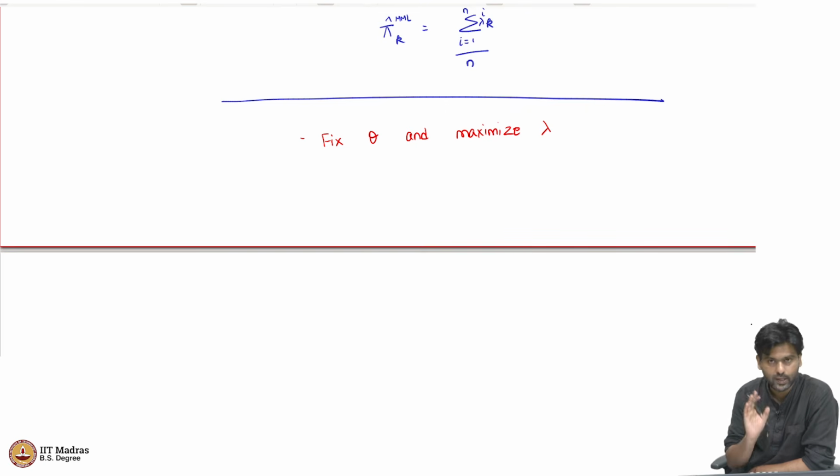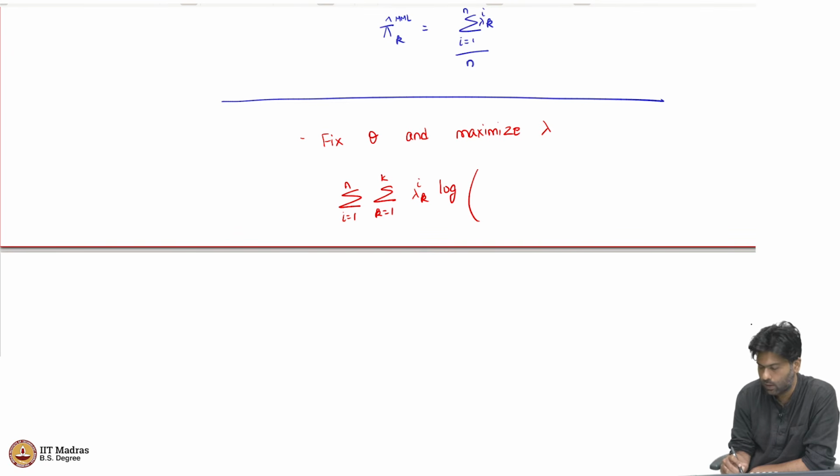Now we are fixing theta and maximizing with respect to lambda, which means again let me recall the likelihood function. Every time I would have to write this, but it is worth doing because it will reinforce what we are trying to do in a better way. Okay, divided by lambda_ik.